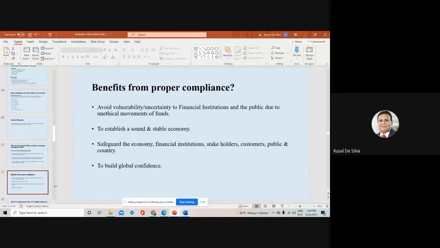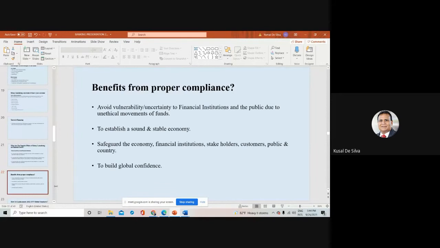Very, very important. Now, when these things are happening outside the banking channel, a huge unregulated market will emerge outside the formal banking channel. That is not good for any country, for the financial sector, as well as the country. And we as a country may get blacklisted globally.